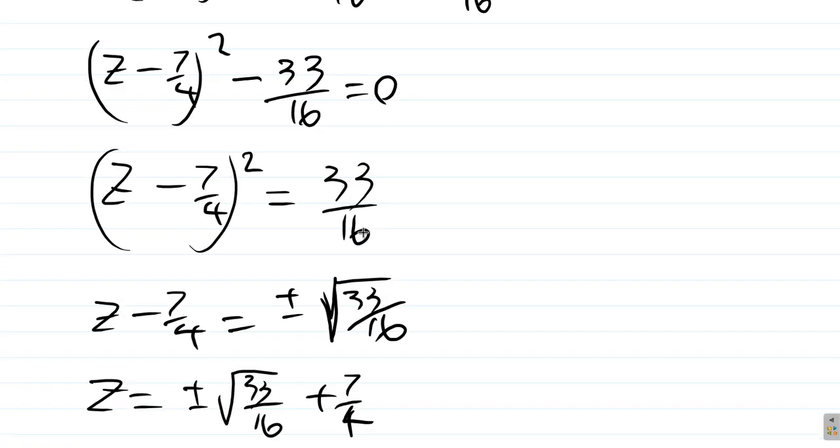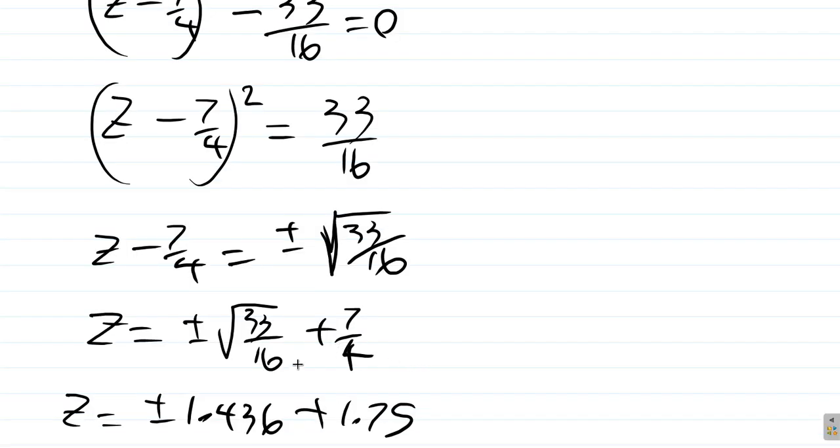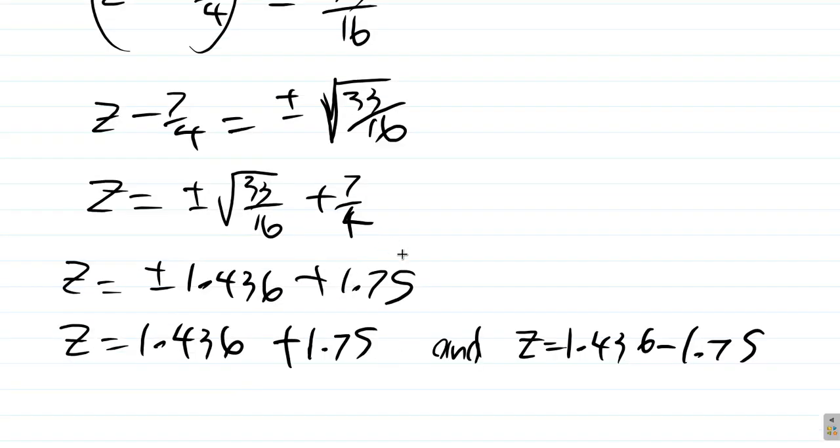So it's positive 33 over 16 here. Just checking to make sure everything is alright. Plus or minus square root of 33 over 16 plus 7 over 4. 1.75 plus or minus that.